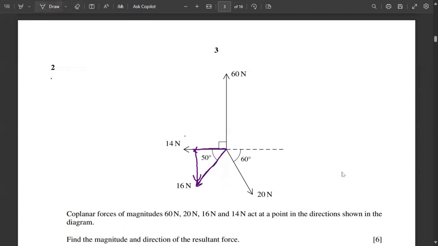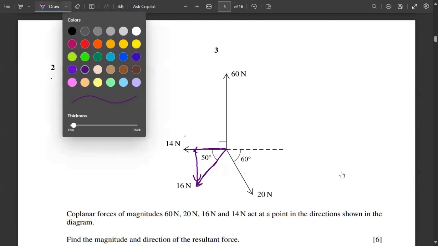This diagram is a triangle which looks something like this. Perfect. So this is 50 degree, this is 90, and this force is 16 Newton.